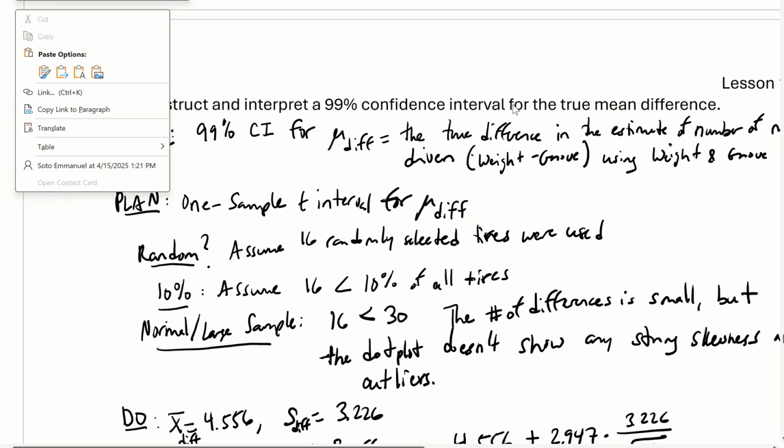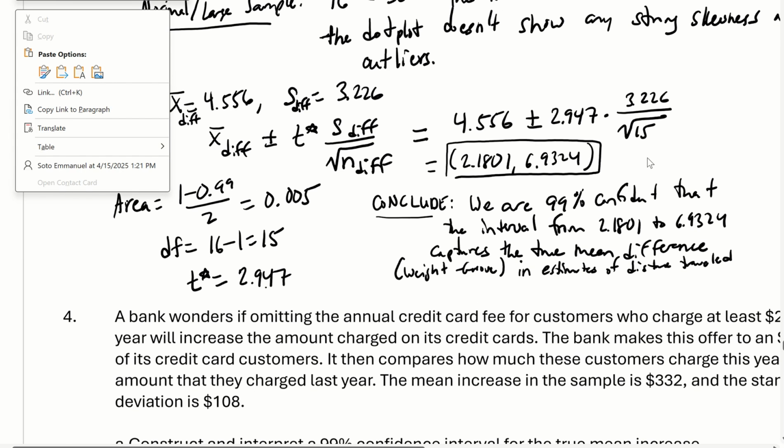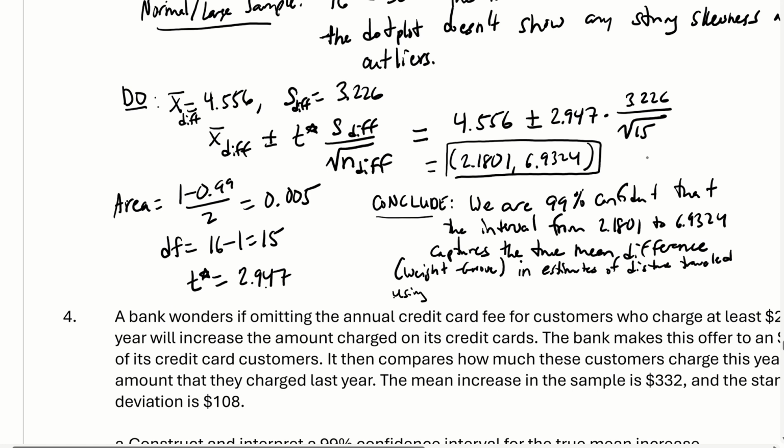And we wrote it down here, using weight and groove methods. All right, so that's number 3.